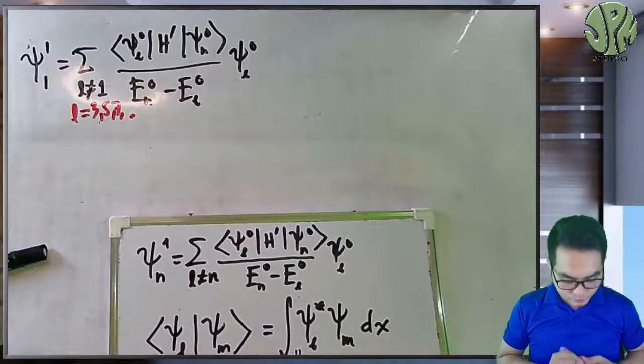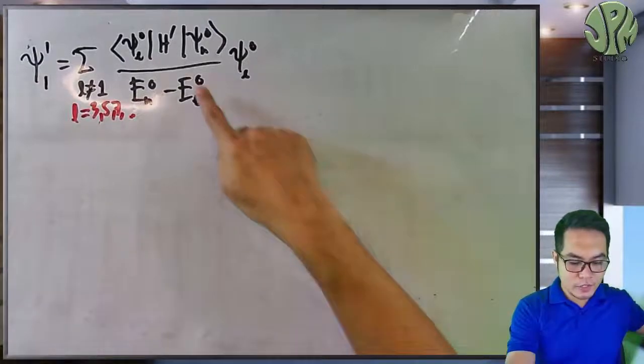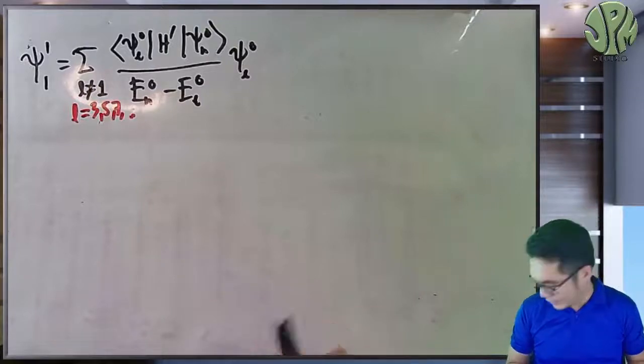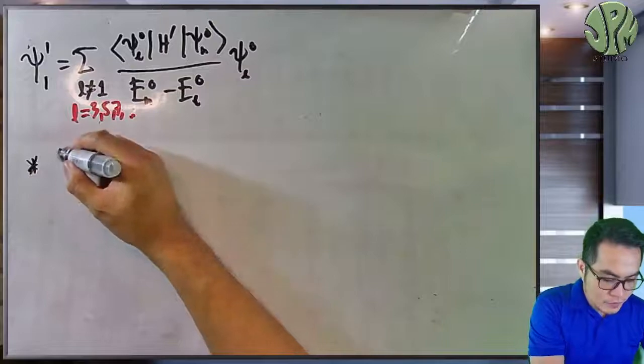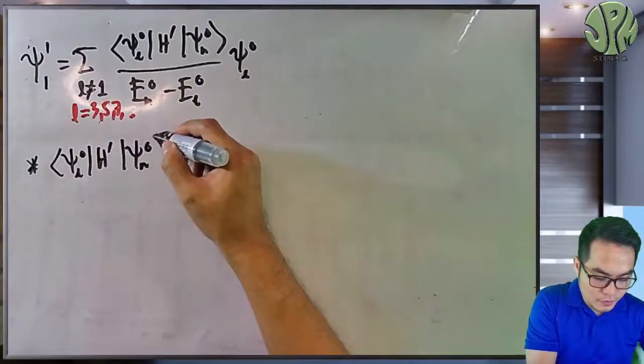So let's first try to find this inner product, psi L0 H prime psi N0.